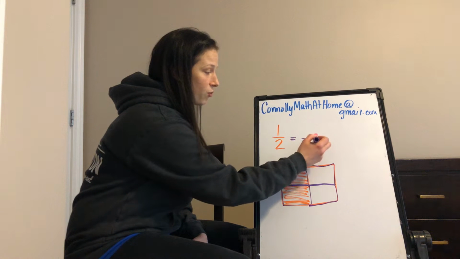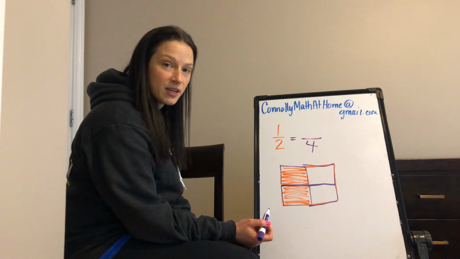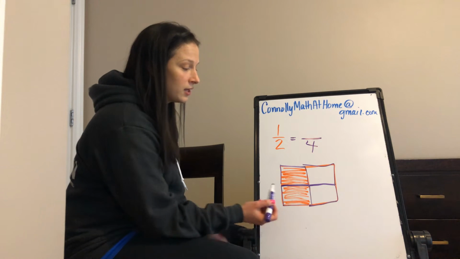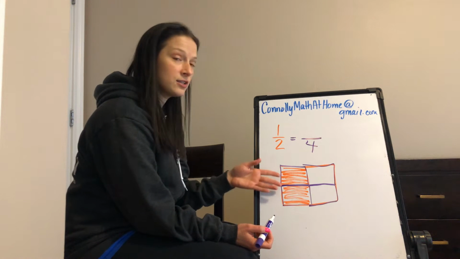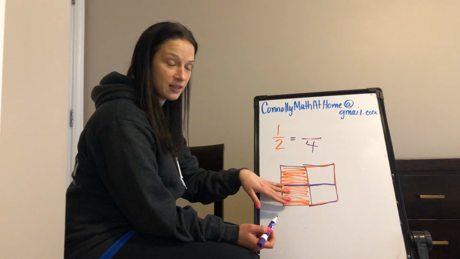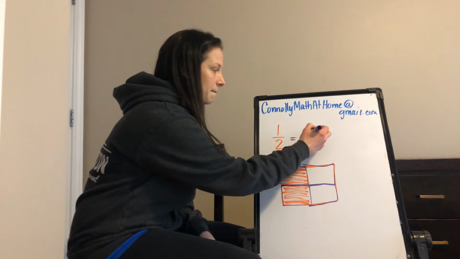So I've made 4 equal pieces. And I want to think about how many are shaded in out of those 4. 1, 2. So I want you to notice that nothing changed about the shading. The same amount is shaded in. That's how we know that this is an equivalent fraction.